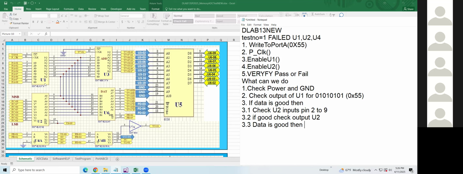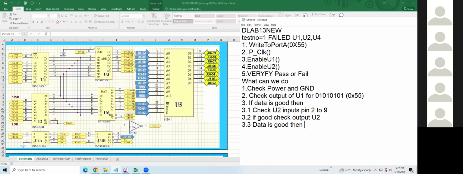What can we do with U4? Pin 9? U4 pin 9? No. The thing is you already checked U2 output, 5.5. But the test failed. Hmm. So that's a system problem.